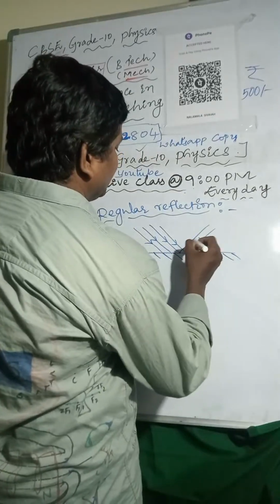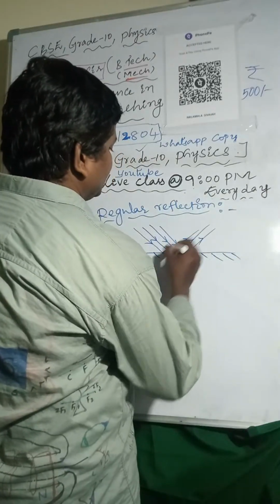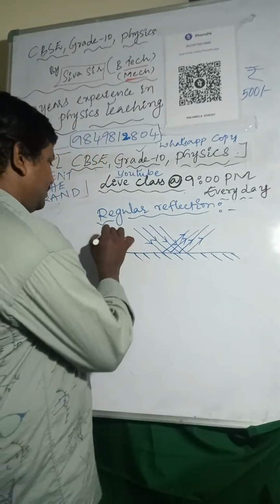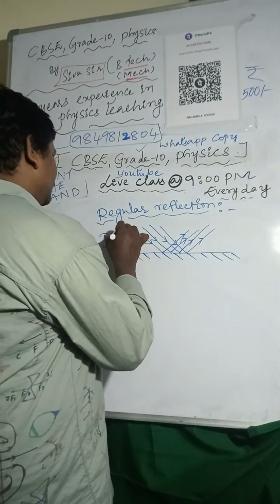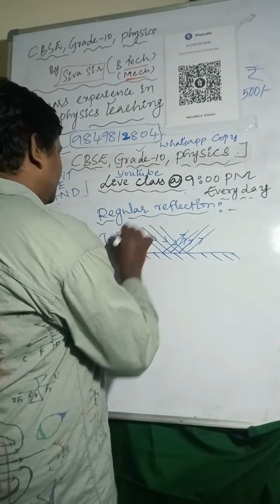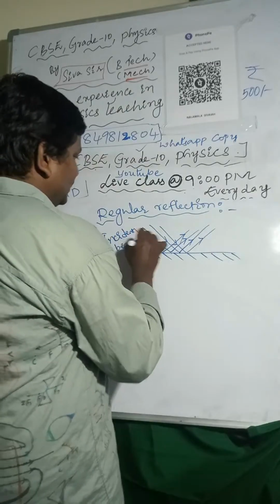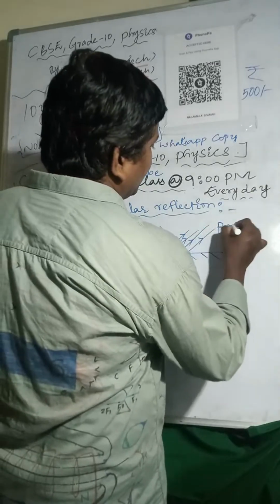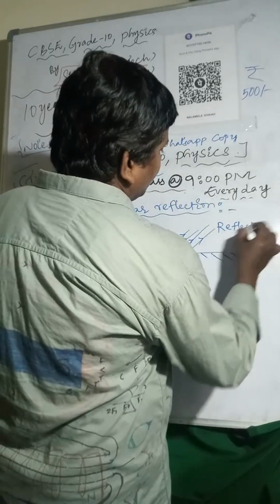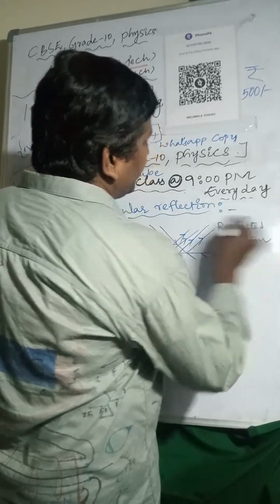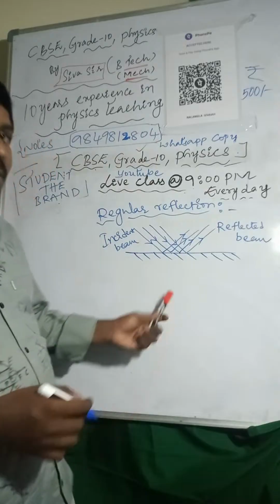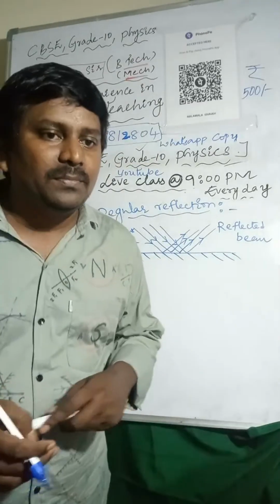This is the incident beam and this is the reflected beam. Both are parallel to each other.